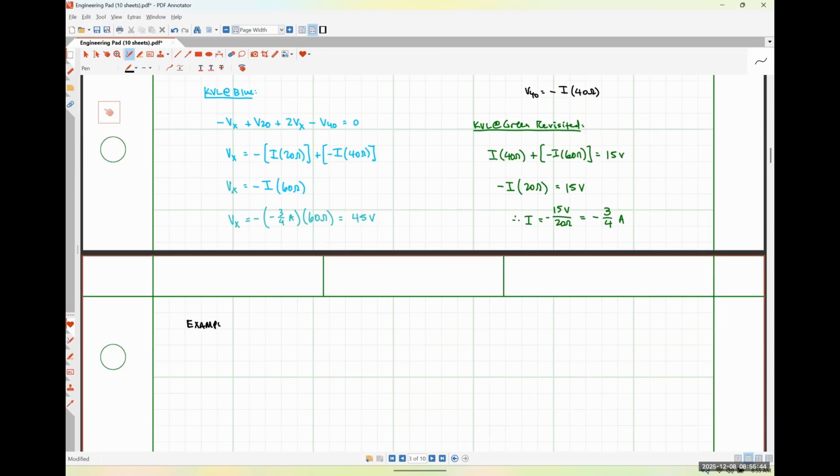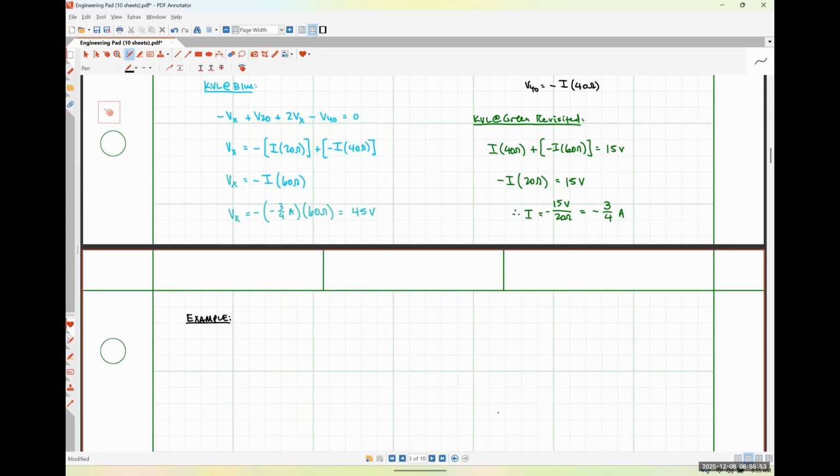So the last thing that we're going to deal with regarding KVL today is the following circuit. So let's say that I have a 20-volt source connected in parallel to a 10 ohm resistor and a 15 ohm resistor, like so.